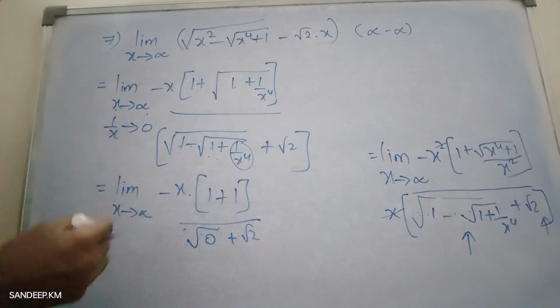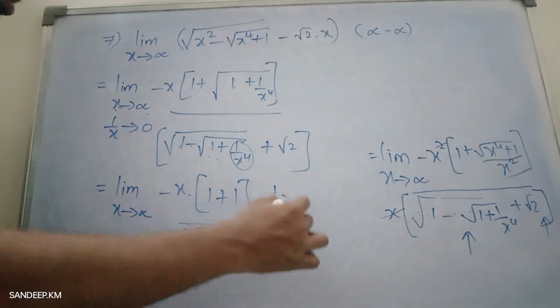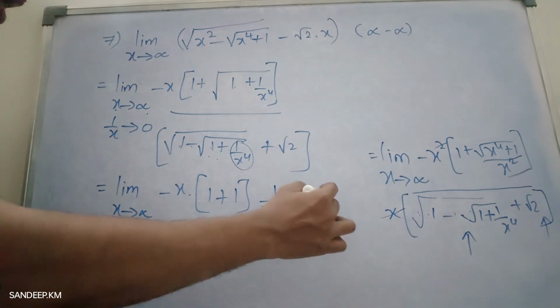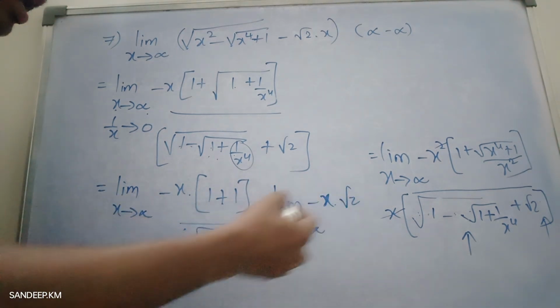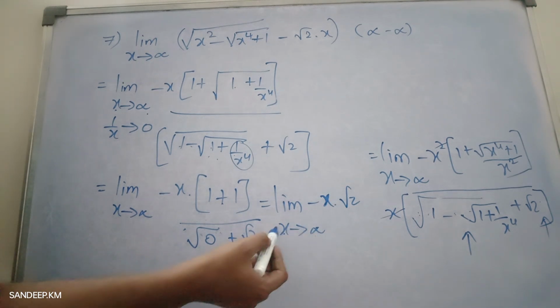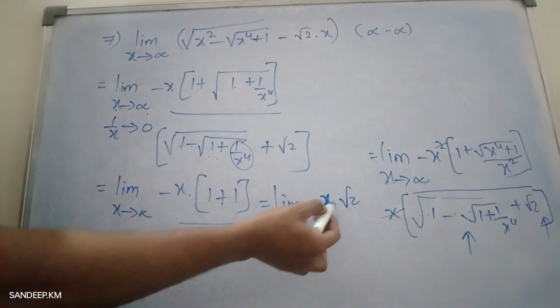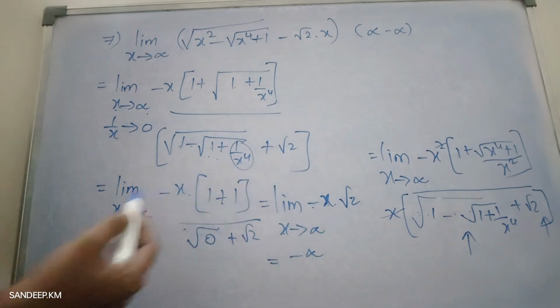Okay now, so what do we get? Limit x approaches infinity minus x into 2 by root 2 will be root 2. And dear students, as x is approaching infinity, this is minus infinity into root 2, the answer is minus infinity.